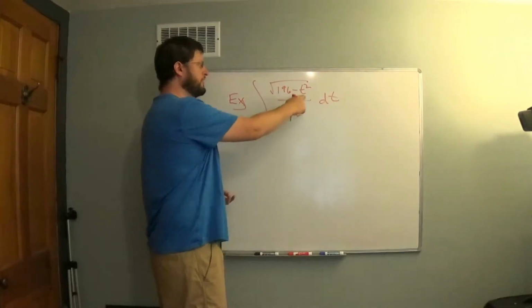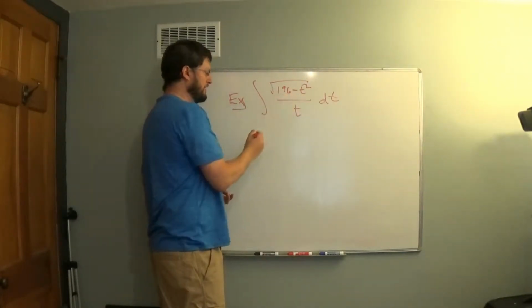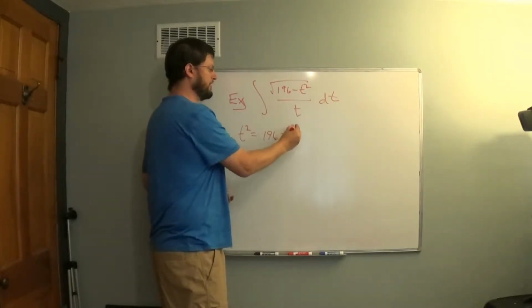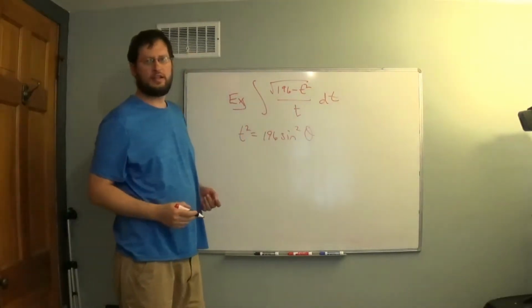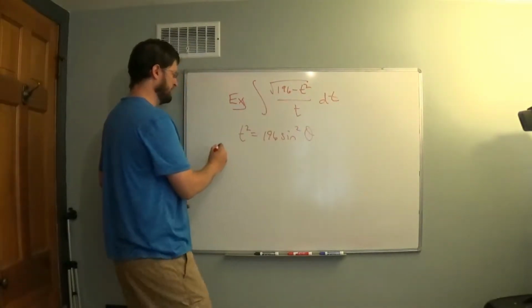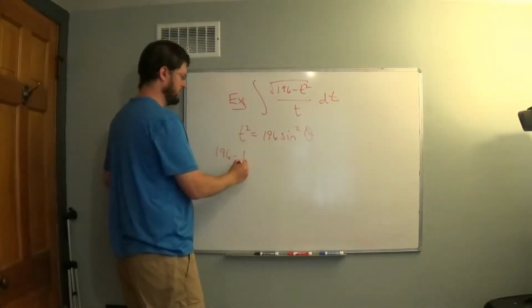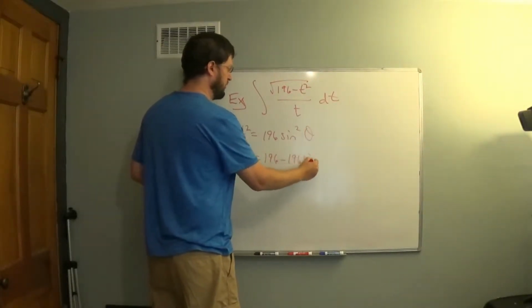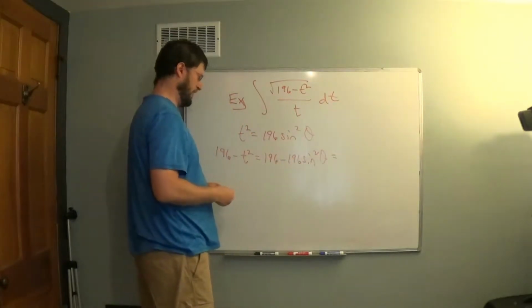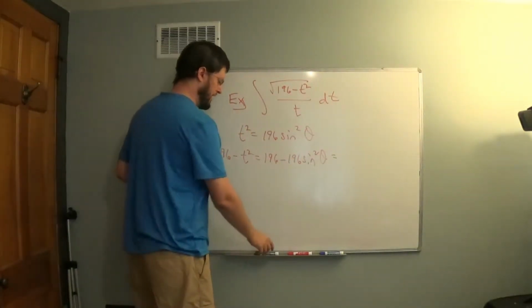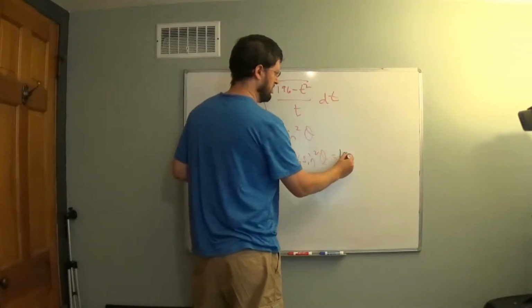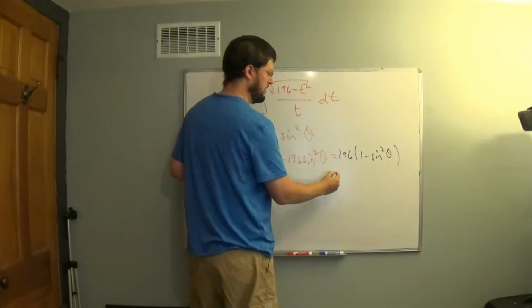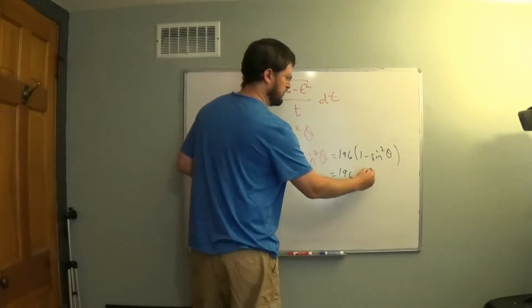So we want this to be a sine squared, but we need the 196 as part of it as well. So we need t squared to be 196 sine squared theta. So that what's underneath the radical is 196 minus 196 sine squared theta, which factors out, the 196 factors out, and I get 1 minus sine squared, which is 196 times cosine squared theta.